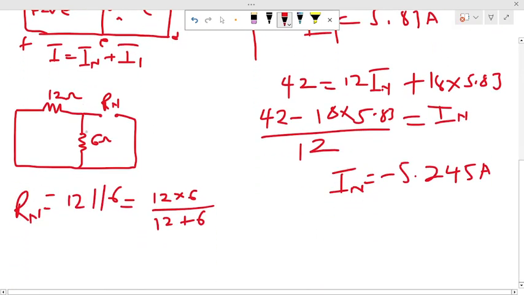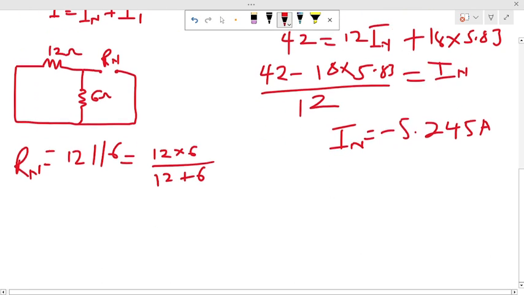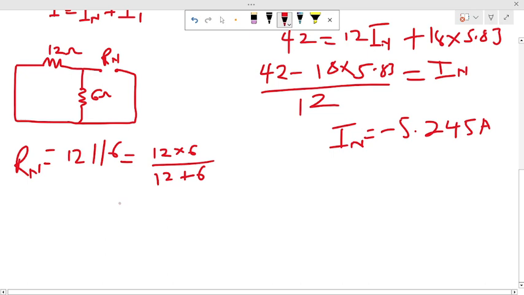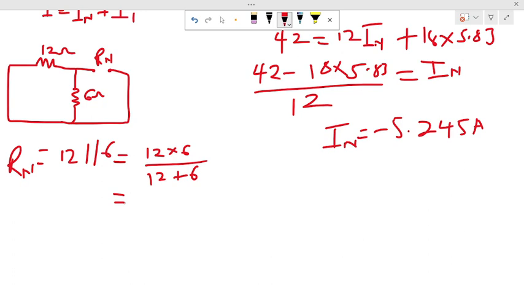Yes. So for this loop, we do not pass through any source, and so 12 and 6 are parallel. So we get the resultant resistance to be equal to 4 ohm.